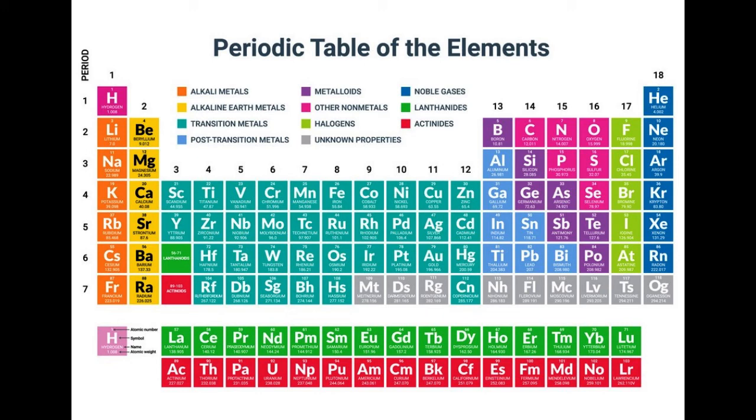As you descend the groups, the outer shell electrons become further away from the nucleus due to increasing atomic size. This weakens their attraction to the nucleus. The further down the group an element is, the more easily it can react and lose its outer electrons.